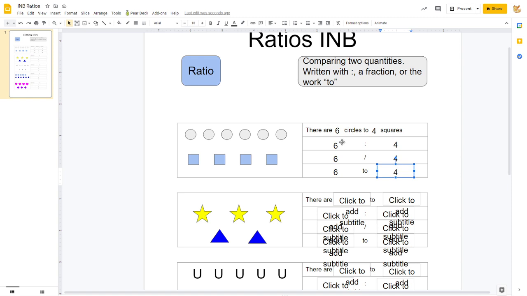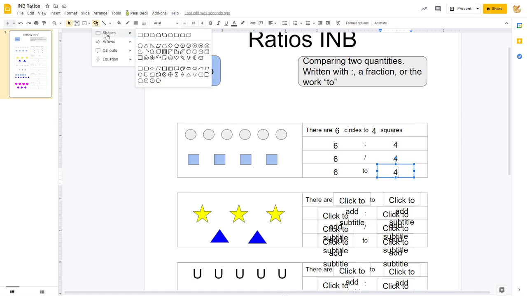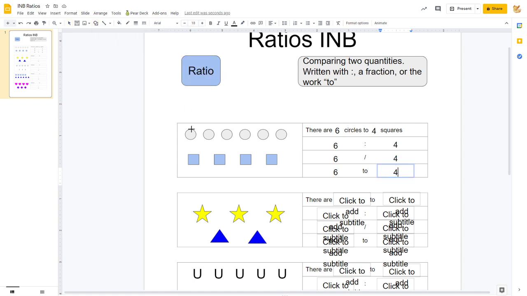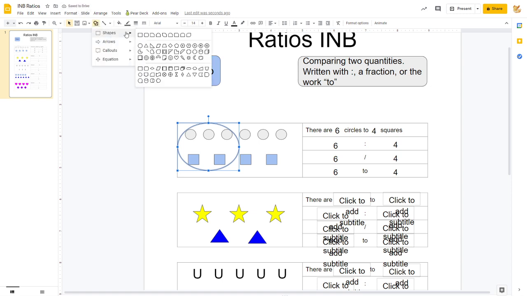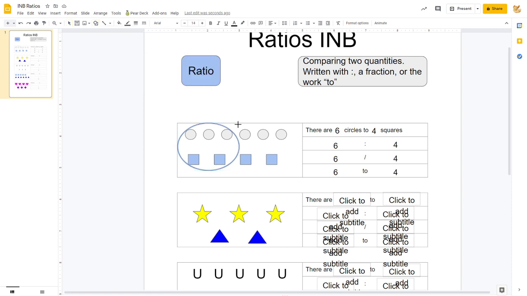Now, some of you may be savvy enough to notice, hey, this can be reduced. I'm going to show you with circles that there are 2 groups here. There's this group right here. Then there's another group here.